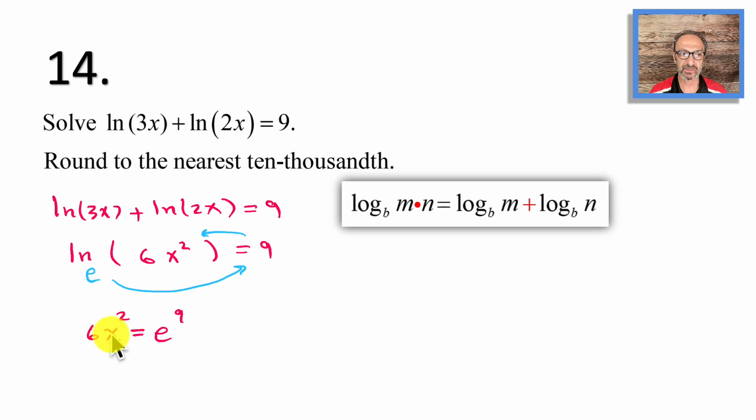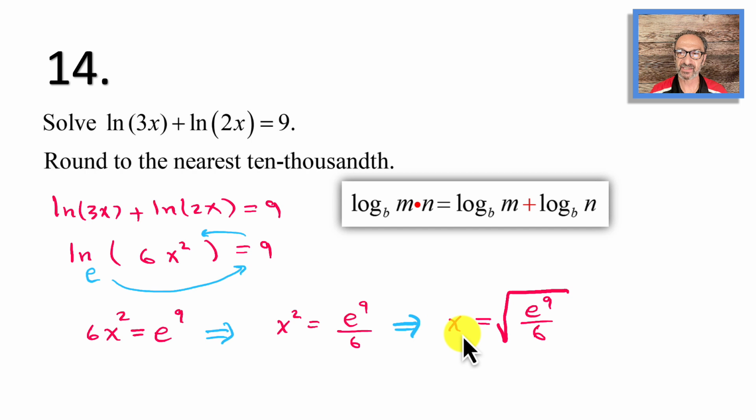We need to solve for x, so let's clean it up. Divide both sides by 6, or multiply both sides by 1 over 6. So x to the second equals e to the 9 over 6. Take the square root of both sides to leave x alone. Use the calculator and round to 4 digits. And that's the answer.